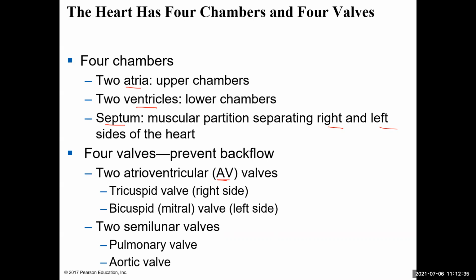You have the left and right AV valves, but they have particular names. The right AV valve is the tricuspid. The left is the bicuspid, or also the mitral valve. And then you have the semilunar valves, which go from the ventricles to the vessels. So you have the pulmonary valve and then the aortic valve. The pulmonary valve is in the right ventricle, and the aortic valve is in the left ventricle. Okay.